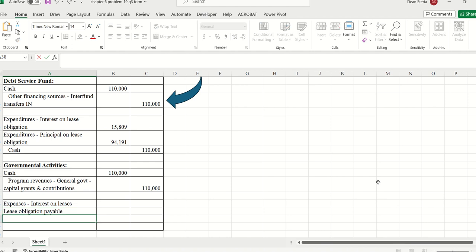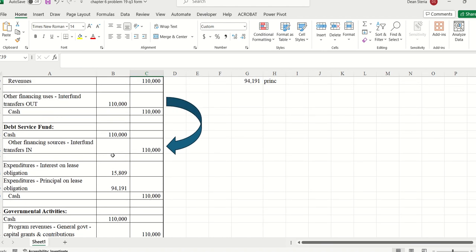And again, what did we pay him with? Cash. So again, we know what the interest is, the 15,809. And then we have the principal of 94,191. And those two total the 110,000.